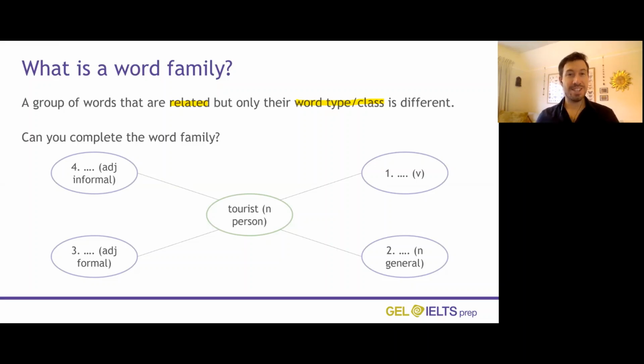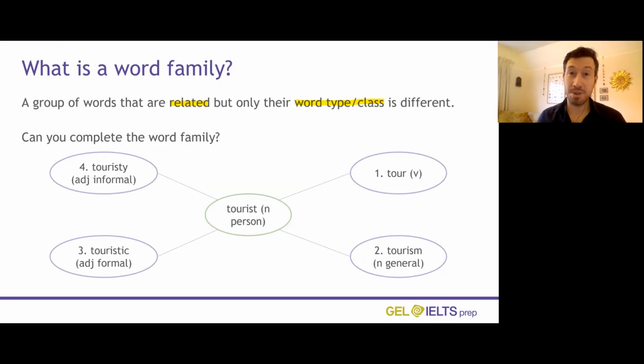Okay, let's have a look now together. So here is the completed word family. So we see tourist is a noun for the person. We can change it to a verb here, which is tour. That's the verb. Then the noun, the general noun, is tourism.